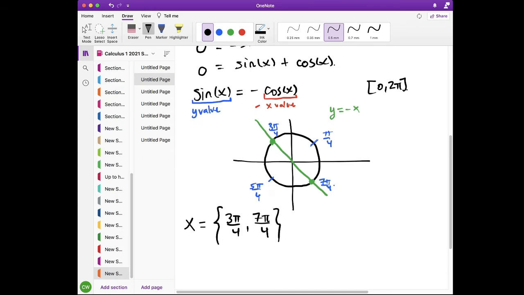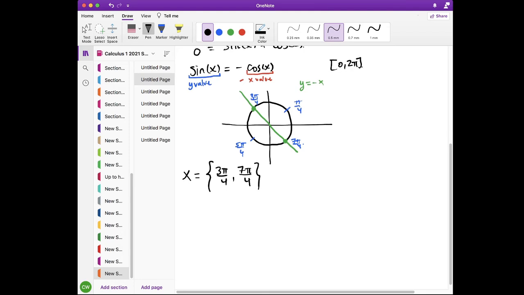All right, one thing you could do, which is probably a bit too complicated, but maybe this was your first thought: x equals arc sine of negative cosine of x.